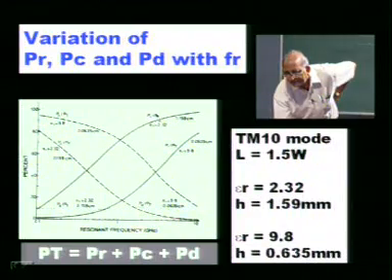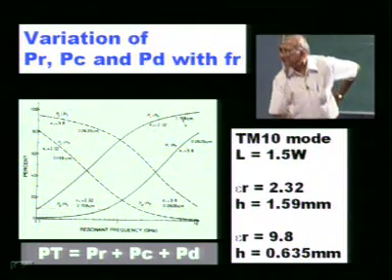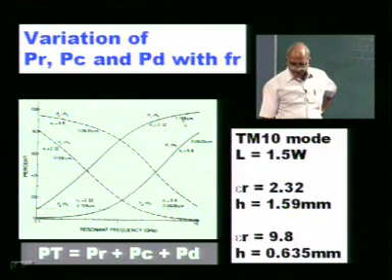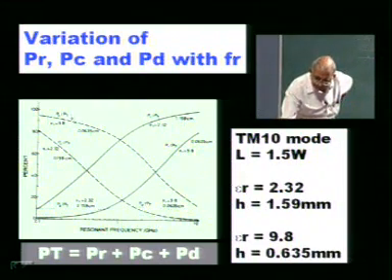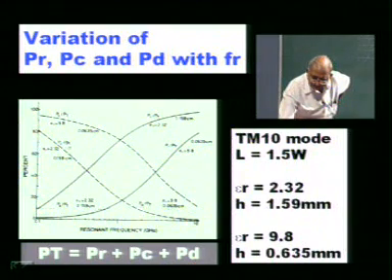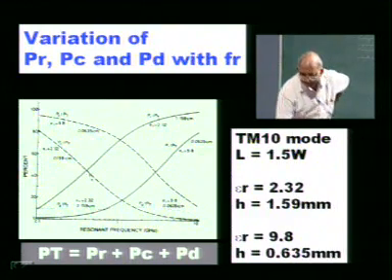You can see clearly the radiation efficiency for the lower dielectric constant is more than for the higher dielectric constant. Similarly, for PC, the power loss here is more where the dielectric constant is high, and less for the low dielectric constant, and PD is naturally very small, as you can see in both these cases.